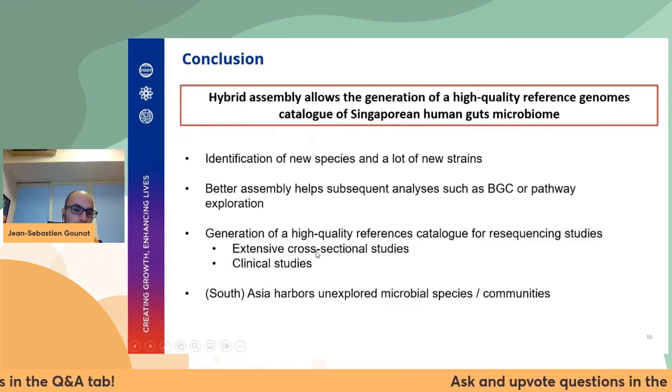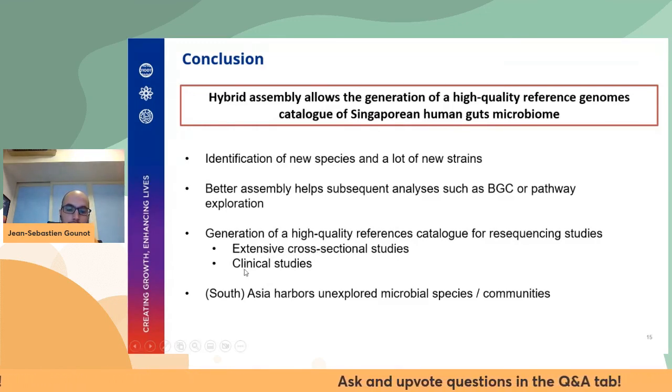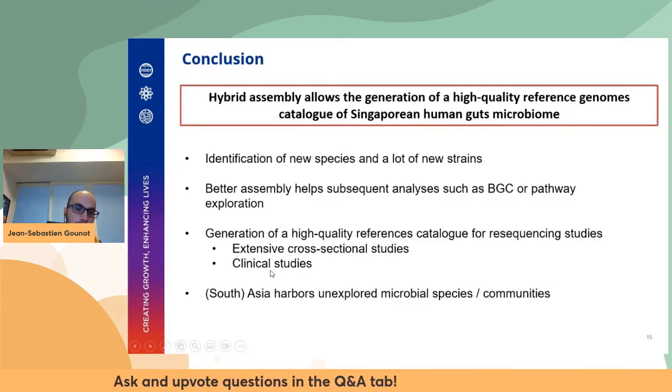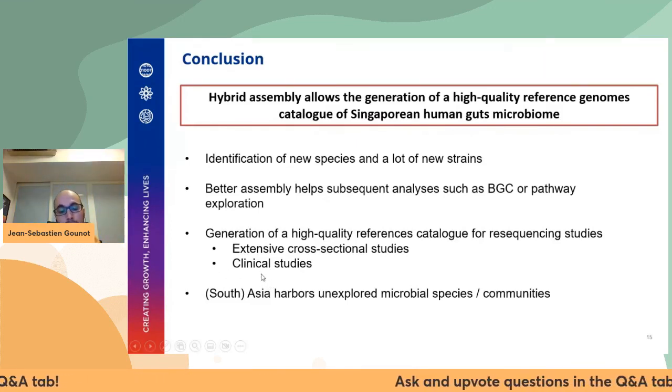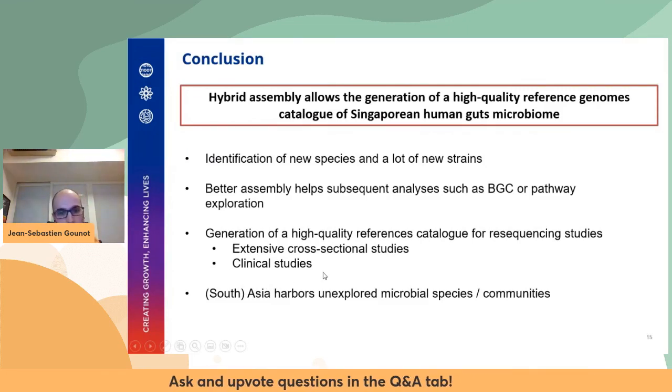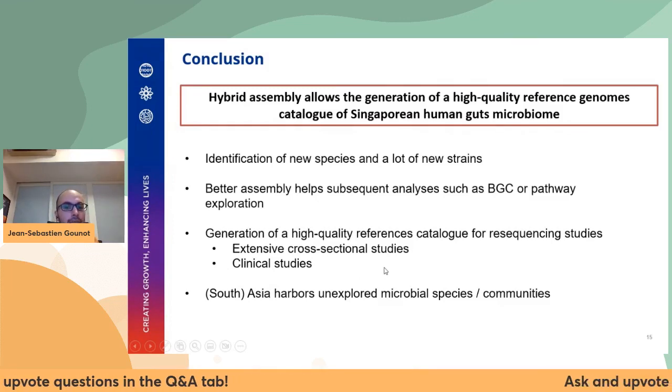And obviously, last but not least, I hope that I showed with this work that there is a very interesting unknown diversity which can be found in an unexplored community, in this case Asia, but more specifically South Asia, and that we can really find unexplored microbial diversity in terms of species, but also in terms of functions.